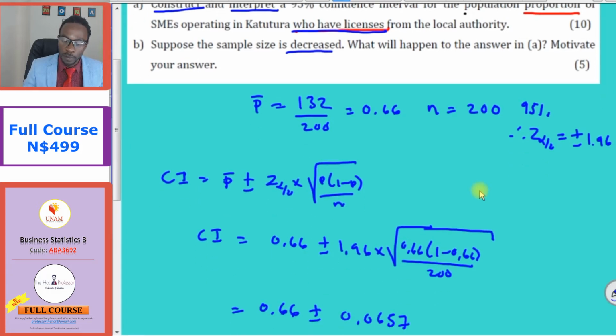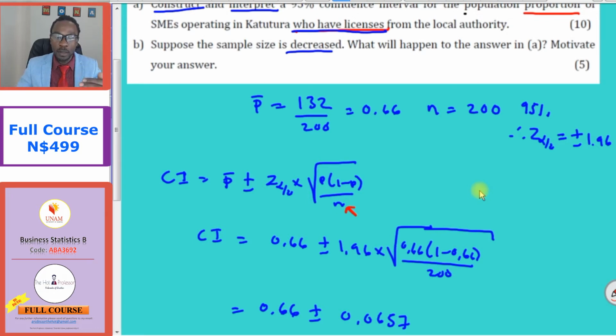for confidence interval, our sample size is this part, which is the n. So anytime you decrease a denominator, it means the final answer you get is going to be bigger. And obviously, if this is bigger, it means it is going to make our range wider, right?